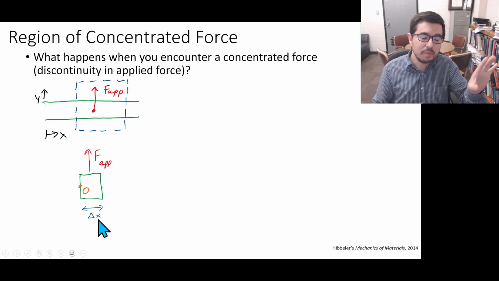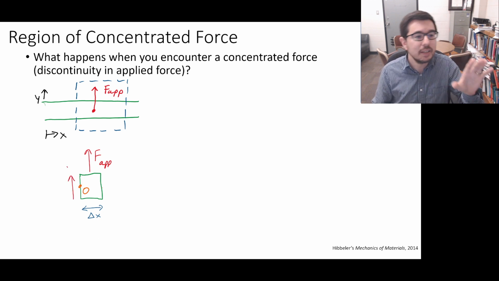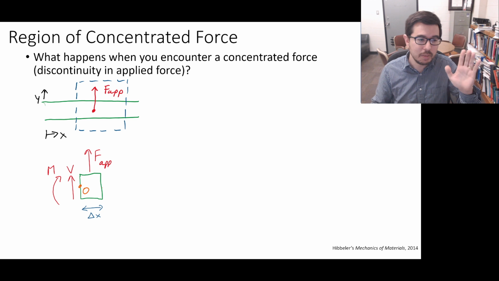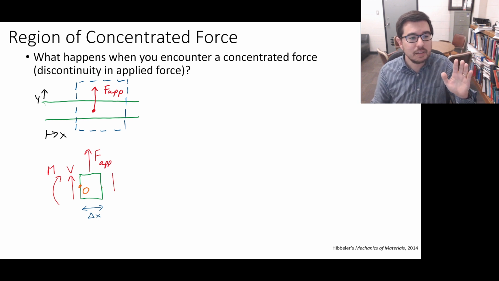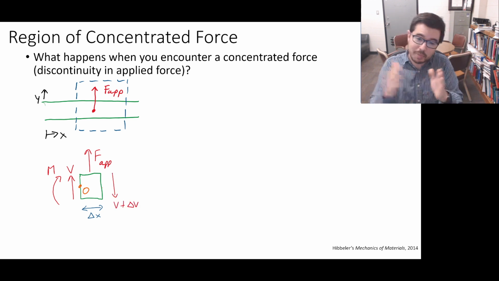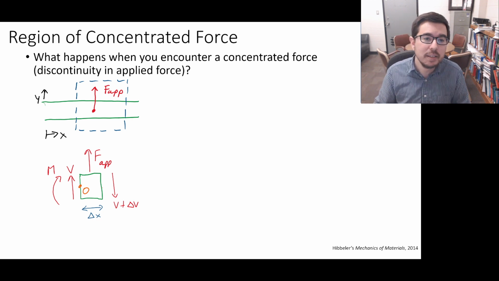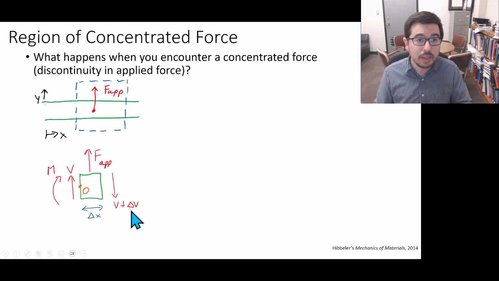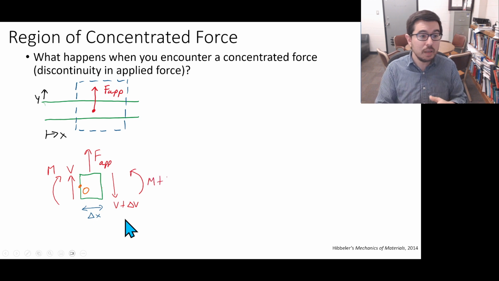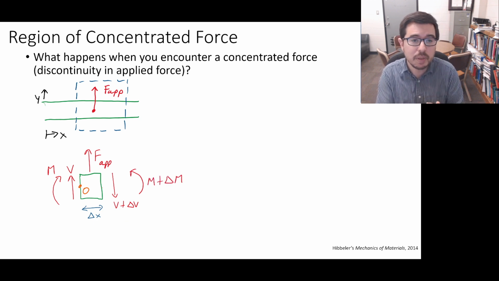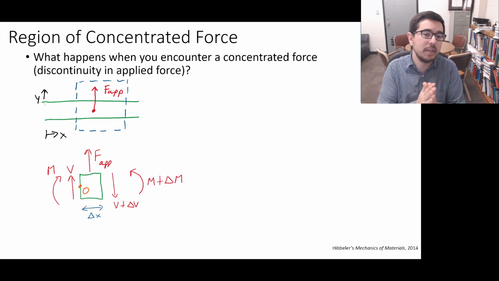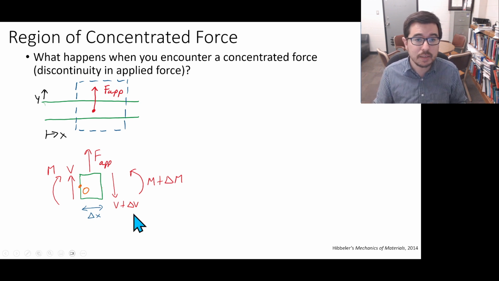On the left side, we'll put an internal shear force and a bending moment. And on the right side, we'll say there's a shear force with a slightly augmented delta V, a slight change in it because we've moved a slight amount, delta x. And similarly, there's an internal bending moment, and that can also change slightly as we've moved a small amount, delta x.